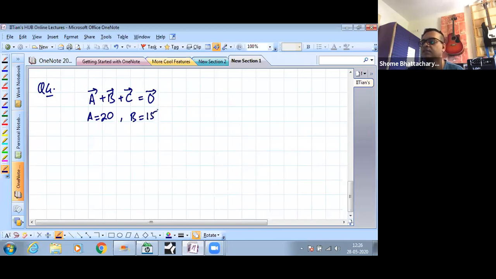Now something is asked about the vector C. It may be some of these options, it may not be. Can it be this value? Can it not be this value? Out of the 4 values given, which can be the value of C?